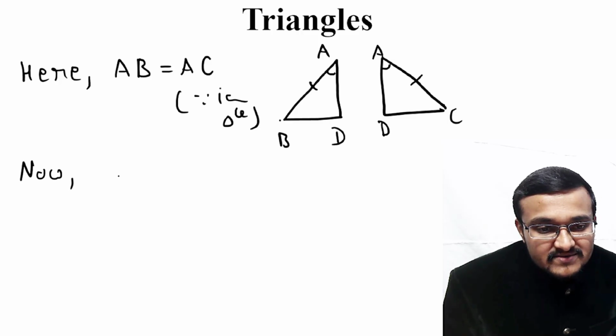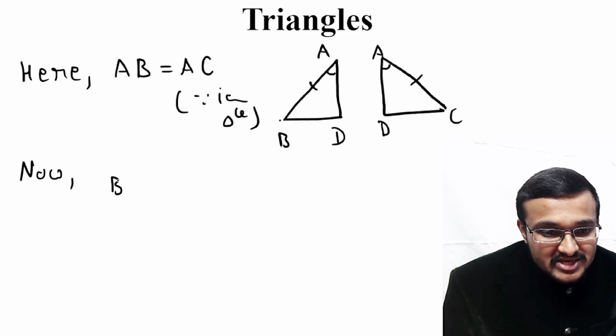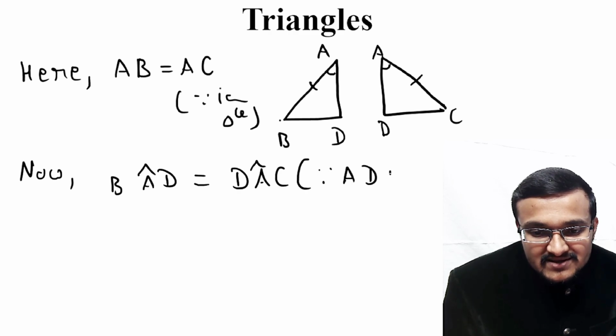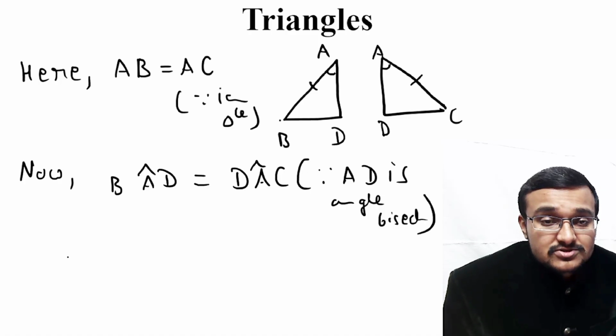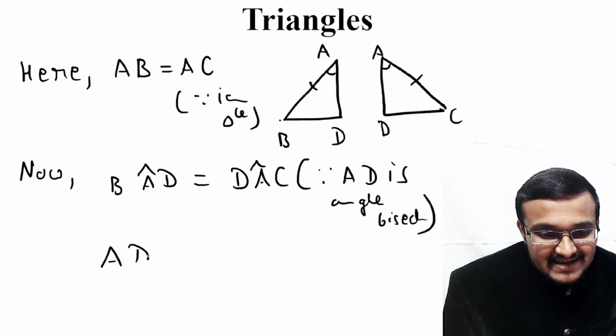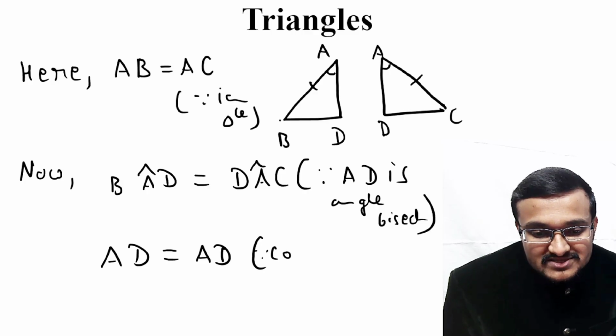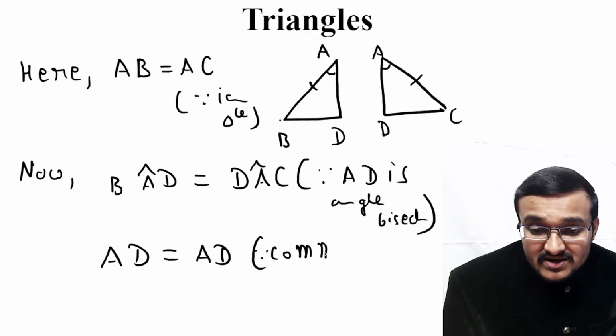Now here angle BAD is equal to angle DAC because AD is angle bisector. So now you can consider AD is equal to AD because AD acts as the common side for both these triangles.